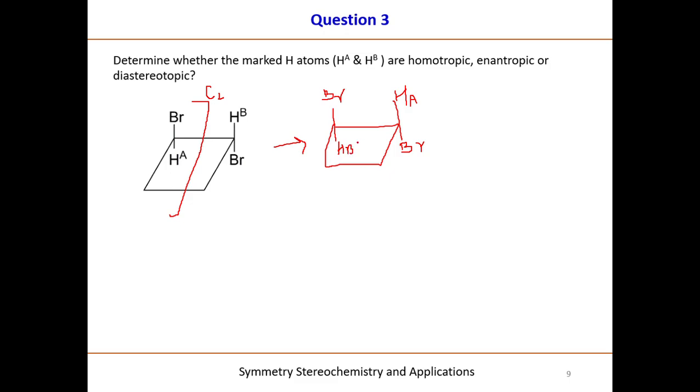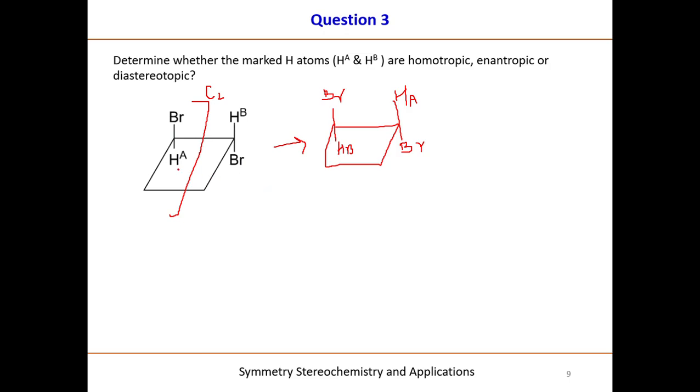So you will see here, both of these isomers look similar, and they are indistinguishable from each other if we do not label the hydrogen atoms as A and B. That means these two groups, HA and HB, of the molecule are homotopic.